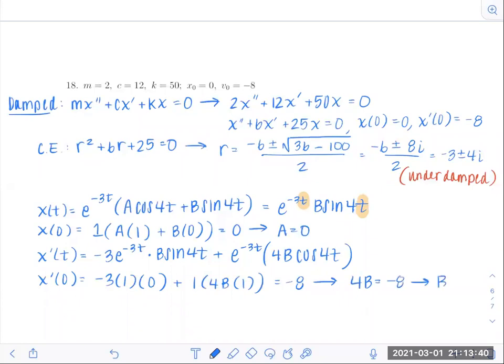So we conclude that B is negative 2. All right, so we have found A and B at this point. And what do we have? What I have is x of t is equal to negative 2e to the negative 3t sine of 4t.